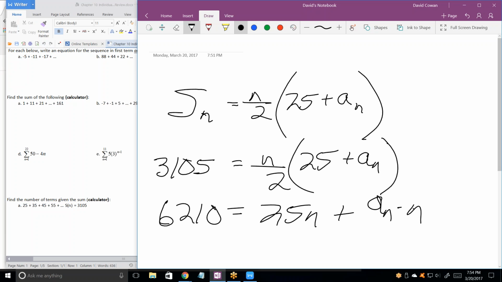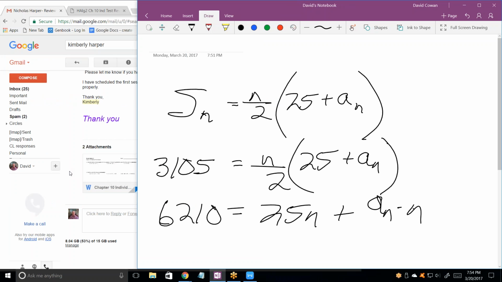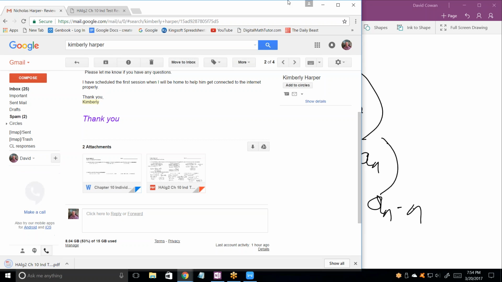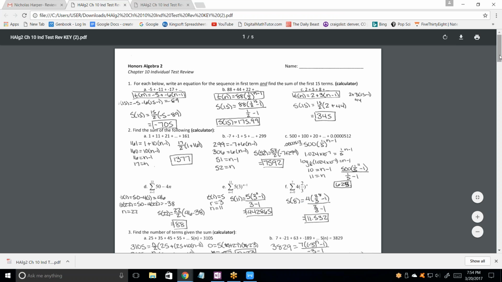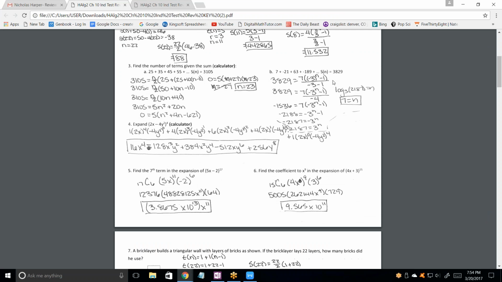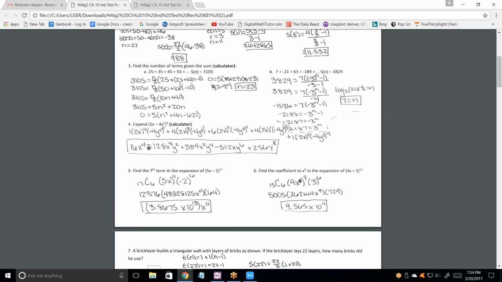All right, so that I don't hold things up here, I'm going to look at how she did this. I even had a hard time figuring it out when I was looking at it. All right, so if we look at her key, she's got 25 plus her a sub n.